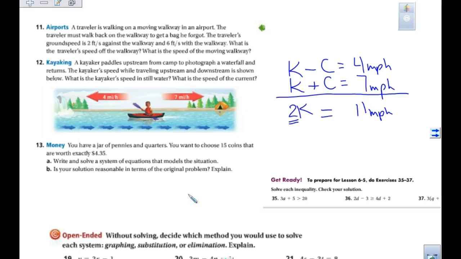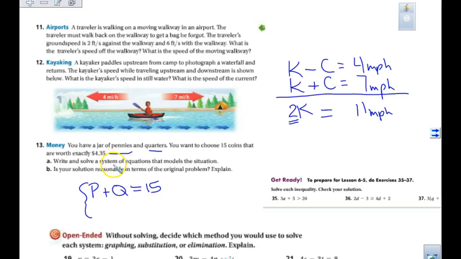Let's look at 13. You got pennies in your jar. 15 total coins, 4.35. First equation, Sam, we wanted to deal with our coins. What do you want to use for variables, for pennies and quarters? P and Q. What does P plus Q have to equal? 15. Next one, Noel, we want to put our value of our coins. How much is each penny worth? So would I put 1 or do I want to use 10 cents? Do you want to use 435 or 4.35?